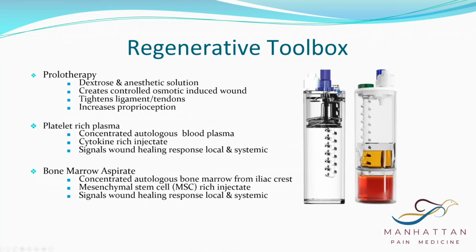And like platelet-rich plasma, bone marrow aspirate takes autologous bone marrow. We get that from the iliac crest, and we spin it down in a centrifuge, and again get a nice amber-colored injectate, and place that under ultrasound guidance into the area of damaged tissue that signals a wound healing response.